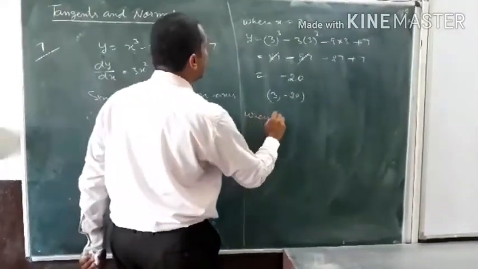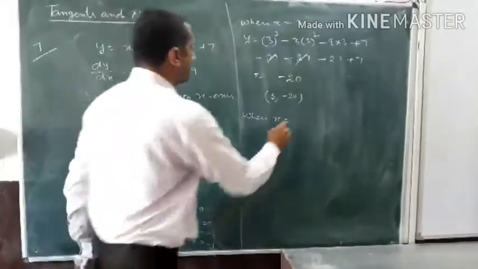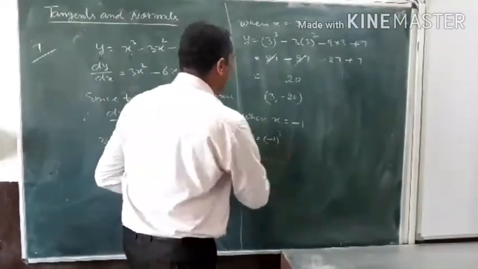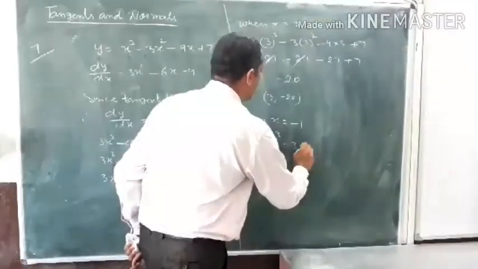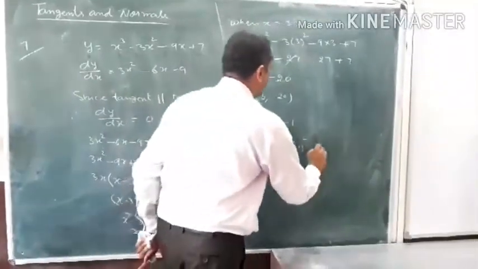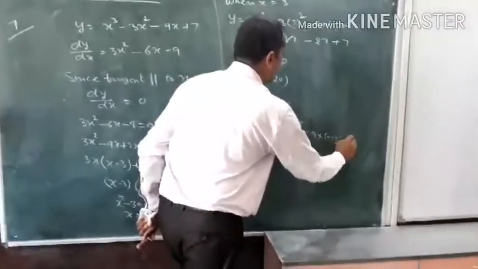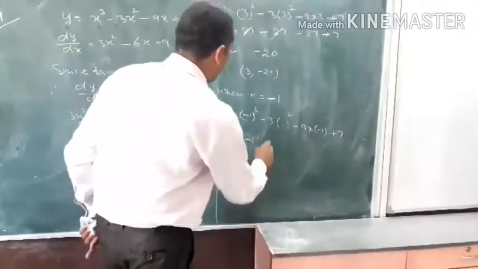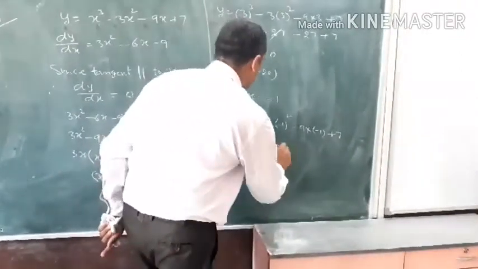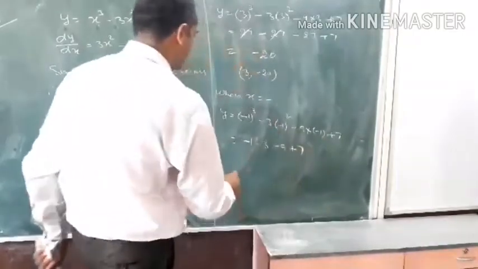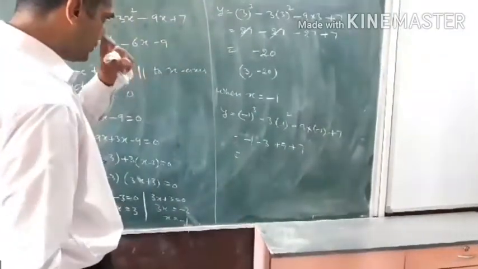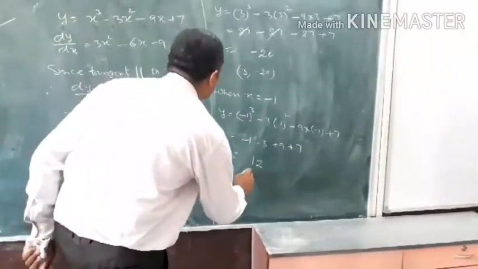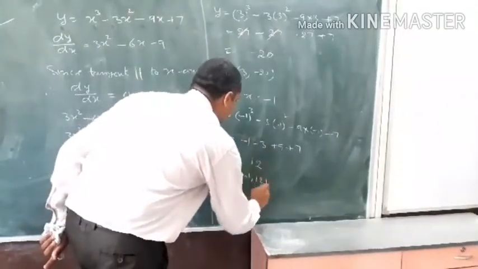When x is equal to minus 1, then y is equal to minus 1 raised to power 3 minus 3 into minus 1 raised to power 2 minus 9 into minus 1 plus 7. So minus 1 minus 3 plus 9 plus 7 is 16 minus 4, which is 12. The point is minus 1 and 12.